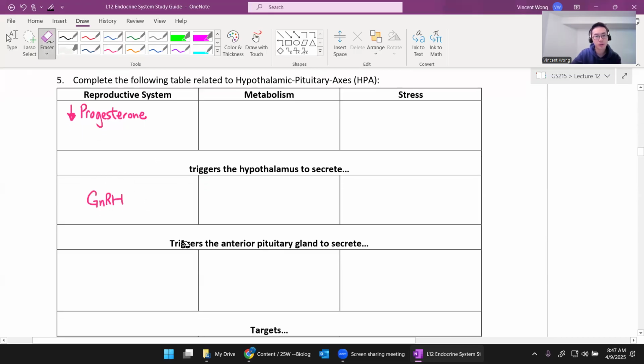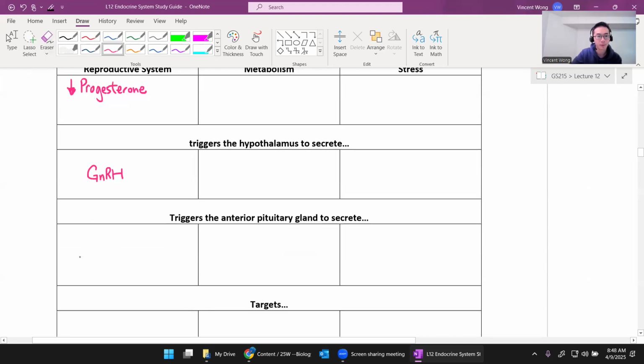GnRH then triggers the anterior pituitary gland to secrete, and you should be able to do this now. Okay. What tropic hormones are related to GnRH? You just say it to yourself. If you know the answer, saying it out loud will help you remember it.